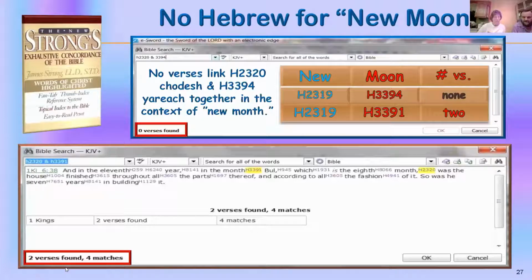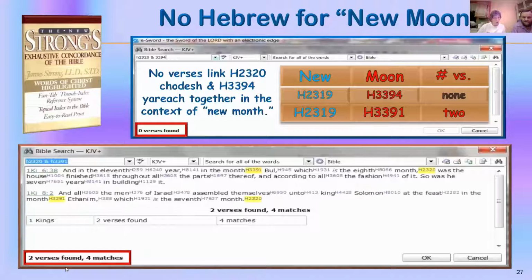Mm-hmm. But there is one more. It's 1 Kings 8:2. And it also has the 3391 right here with month, and it has your 2320. So these yellow highlighted parts are your 4 matches. So Tim, why don't you read that one for me?